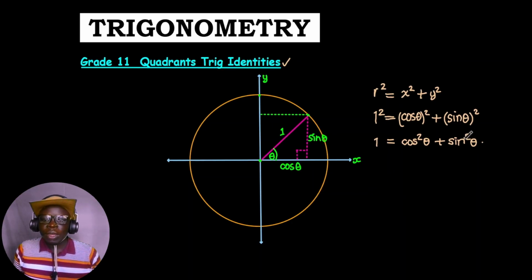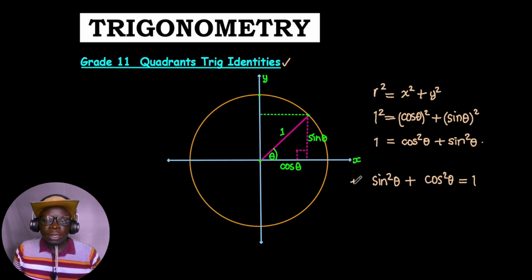Since sine plus cos is the same as cos plus sine, we can write it here as sine square theta plus cos square theta always equals 1. And that is the grade 11 identity we're talking about here. We're going to use it in our video.